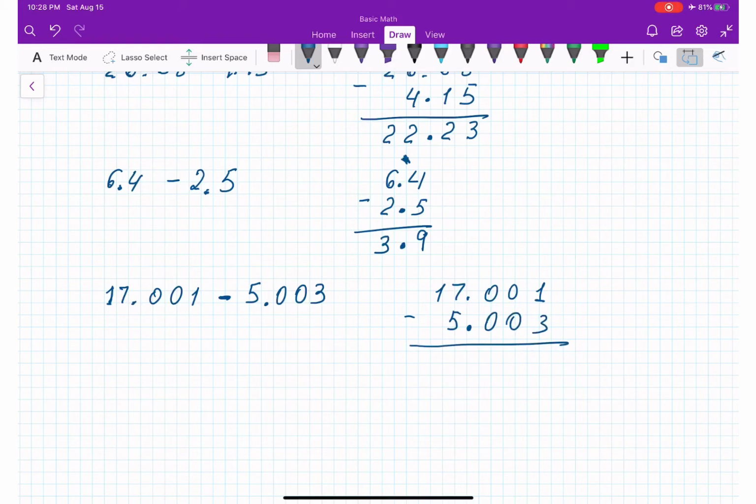What is interesting? When I'm borrowing, 1 minus 3, I cannot subtract.